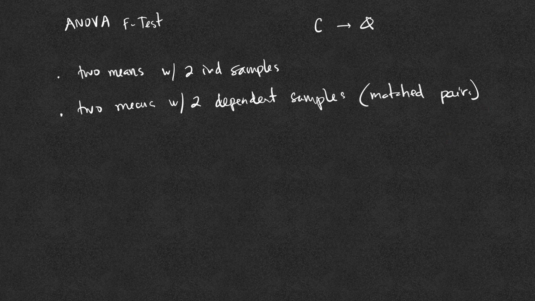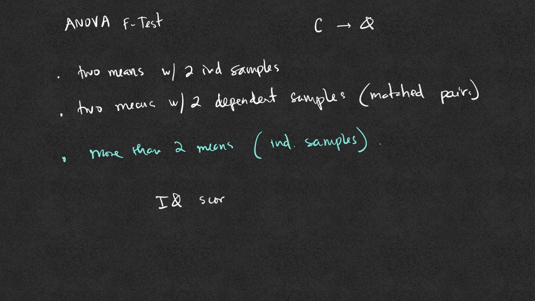Our next goal will be to compare more than two means. But in this case, we will assume these come from independent samples. So, for example, let's say we are interested in the relationship between IQ scores and class standing.